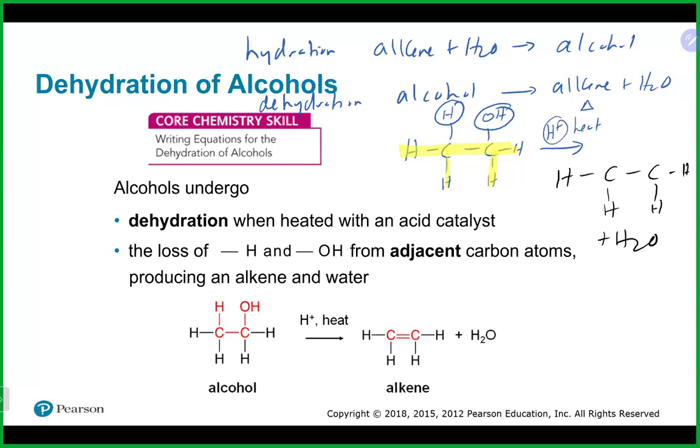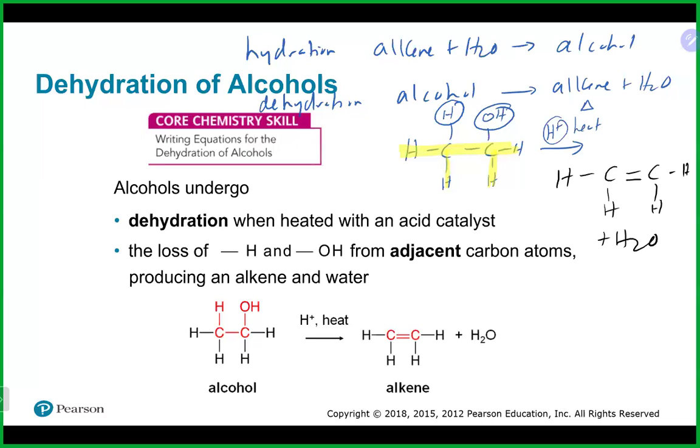When we put the water on, we take the double bond off. When we remove the water, we put the double bond back on. So we just put the double bond back where we took the water off, and we get our alkene back. A dehydration reaction is really just the opposite of putting the water on. You take the water off, and where you took it off, slap a double bond back in, and you'll get back to your alkene.